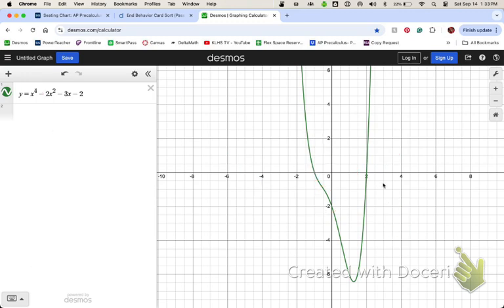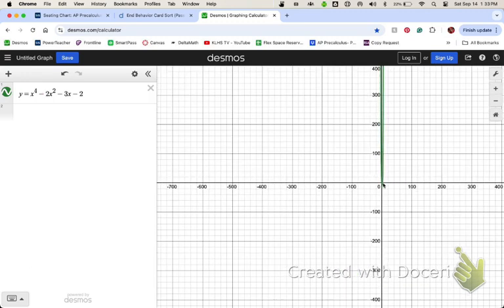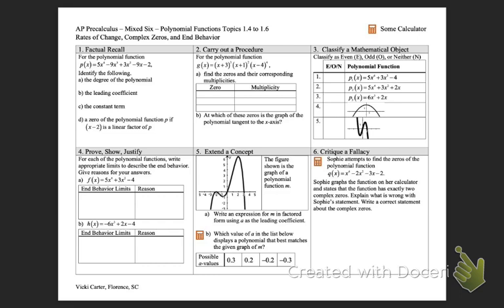So if we go back to what she said here, she graphs the function on her calculator and says that the function has exactly 2 complex zeros. We can see why she thought that, because it crossed the x-axis twice. But the reason why it cannot be, you should have some answer that talks about the degree.